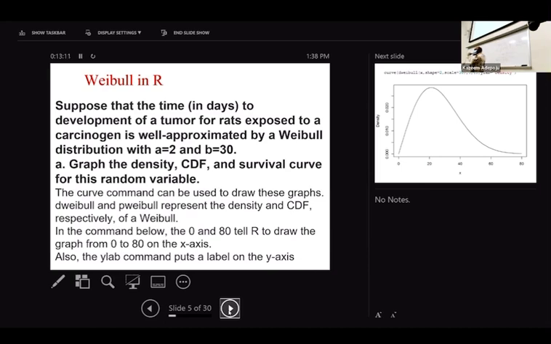And let me tell you the difference between the Weibull and the exponential distribution: the exponential says there's a constant rate over time, but the Weibull distribution says no constant rate over time. When alpha is greater than 1, it means the failure rate increases with time.